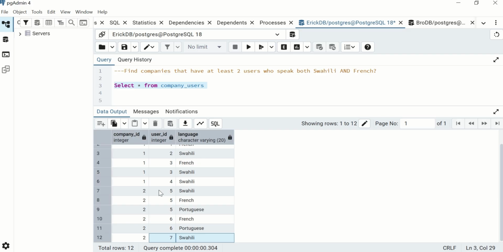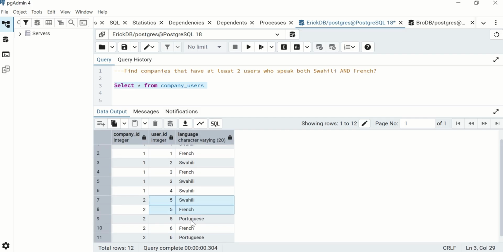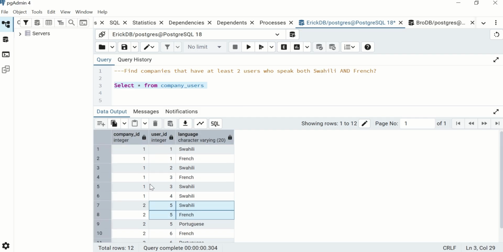So in company two, the only user speaking Swahili and French is user ID 5. There's only one such person, and the question is asking for at least two users. So company two is not qualified, and company ID one is the one that answers our question.